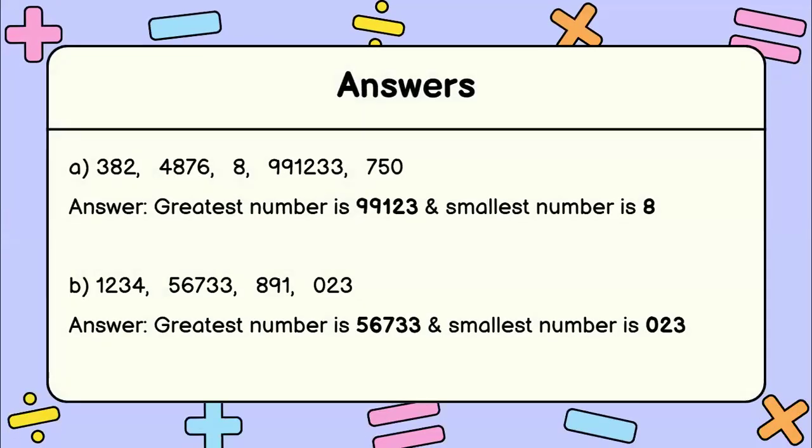Okay, so the answers we have are for the A sequence, the greatest number is 99,123 and the smallest is 8. We just instantly found it.